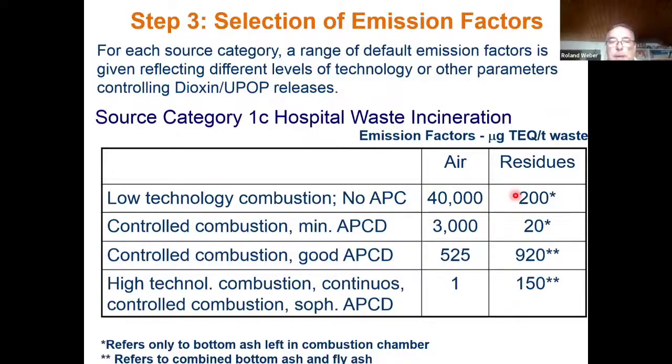If you have a really bad hospital waste incinerator, the air emission can go up to 40,000 microgram TEQ per ton waste. If you have a high technology combustion, which is operating continuously and has air pollution control devices, the emission to air is just 1 microgram TEQ. So here the main release is then finally in the ash.